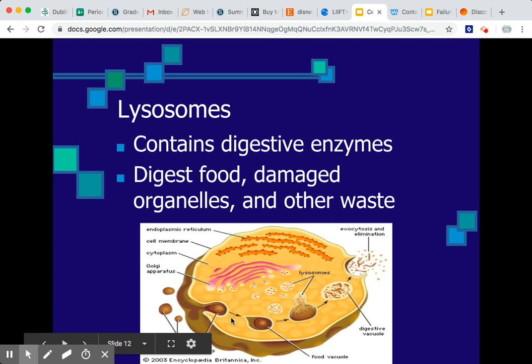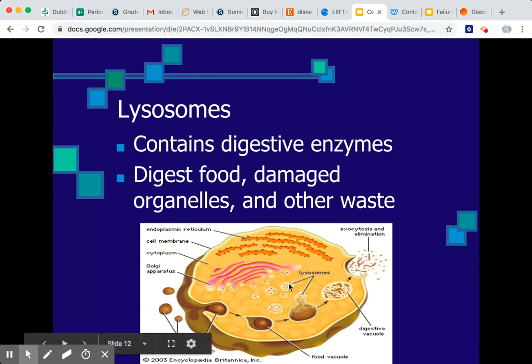Food comes into the cell, a vacuole surrounds it, and notice the lysosome attaches to it, and you can see by the white stuff that's being excreted into the cell, those are the digestive enzymes which help break down the material. This lysosome then detaches and will wait for the next food vacuole or whatever it needs to break down. But the remains of this are then exported out of the cell and eliminated.